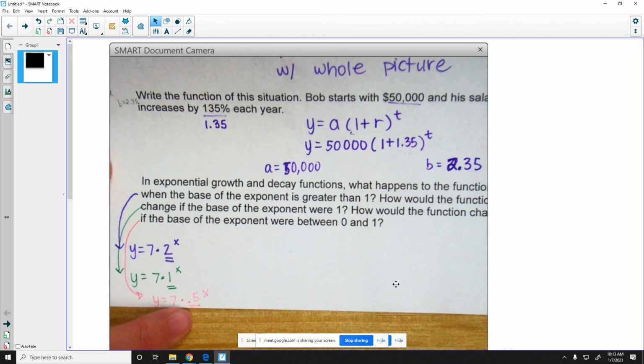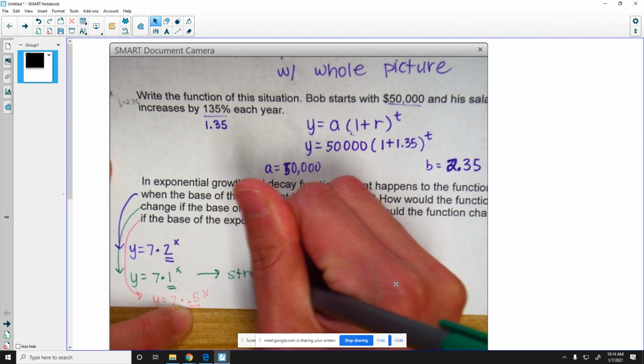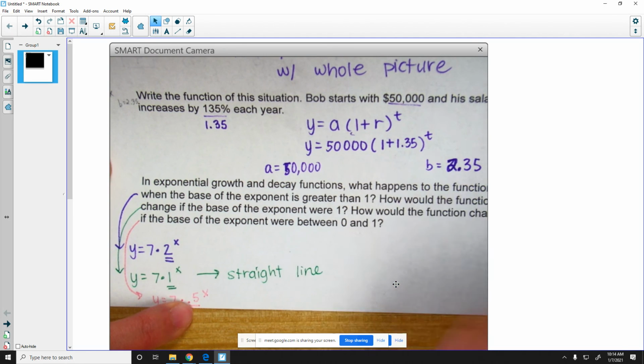Okay, so how does the line get different? The rate of change, okay. Yes, the slope changes. So how does it look? Maybe instead of being so technical, how did the look of it change? Okay, so which one was straight? 1. The 1, okay. So it's a straight line if the base is 1.